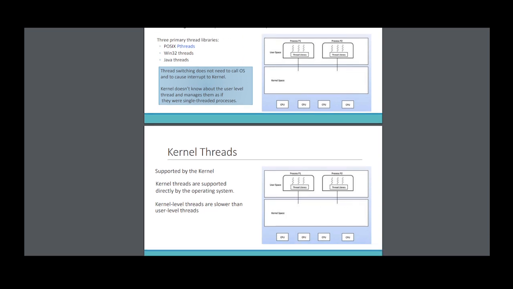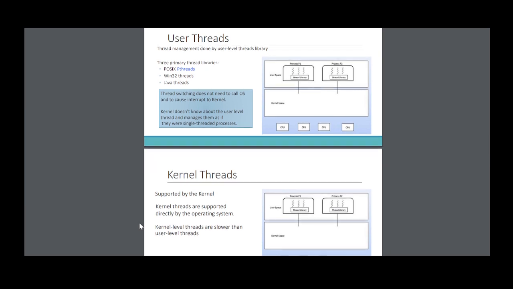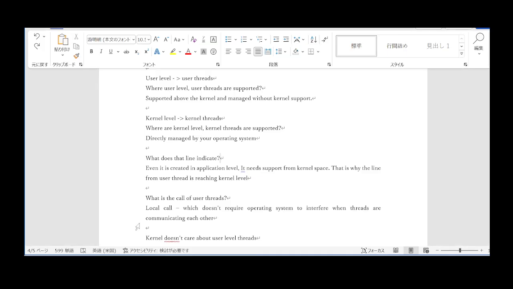And the thing about kernel threads is that kernel level threads are slower than user level threads. In user level threads, it uses something called a local call, which doesn't require the operating system to interfere when threads are communicating with each other.